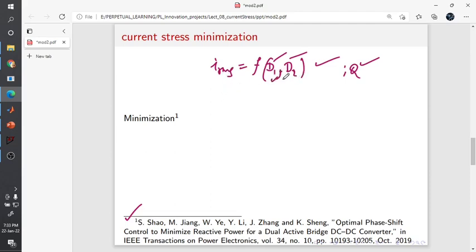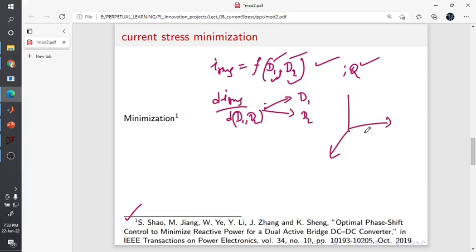Let's say D1 and D2 are unspecified, then you can write the equation in terms of D1 and D2 and optimize it, and this will give you the D1 and D2 values in an optimum way.